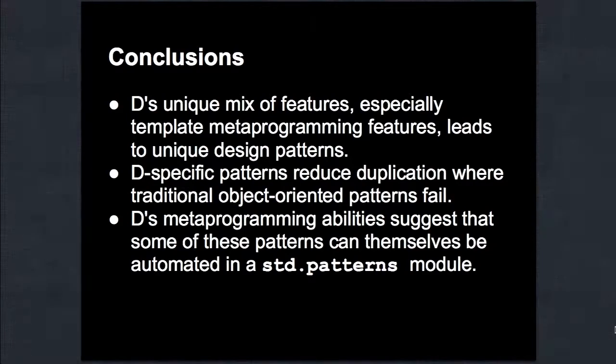And lastly, these metaprogramming capabilities suggest that we ought to be creating abstractions of these patterns in Phobos. For example, standard.algorithm.unrolled reduce, and maybe a standard.patterns module to automate away the boilerplate behind a lot of these design patterns and make them even easier to use. Questions?